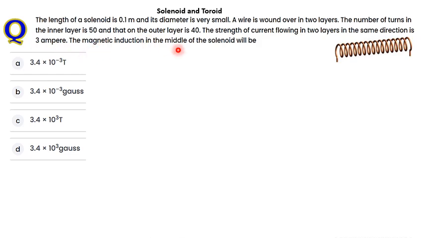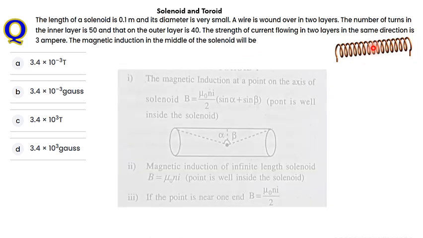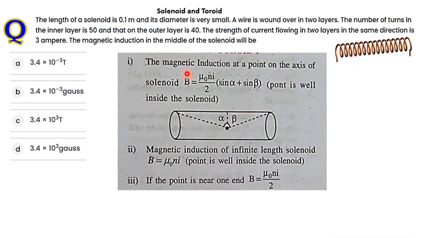What they are asking is the magnetic induction at the middle of the solenoid. For this, you can use a similar concept to what you saw in the previous one. If you consider this, this is alpha and beta, and we are going to use the formula mu naught n I divided by 2, sine alpha plus sine beta.